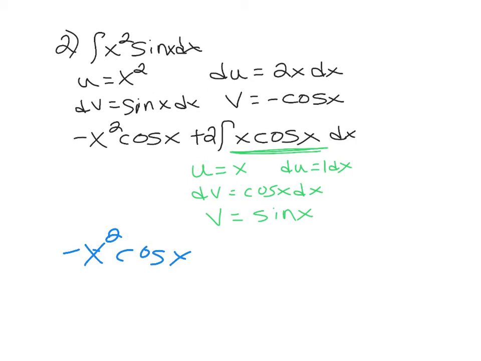Okay, so I've got that blue part that I had from before, and I'm still going to have this plus 2, but now I'm going to use the integration by parts again, and so inside here I'm going to have uv, so it'll be x sine x minus the integration of v du, so that'll be sine x dx.